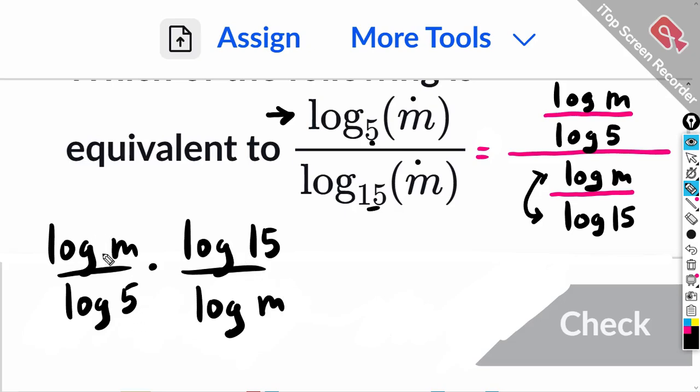All right, these are multiplied fractions, so we can cancel top and bottom. Log m over log m cancels, and we basically have log of 15 over the log of 5.